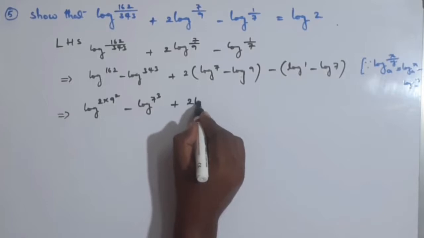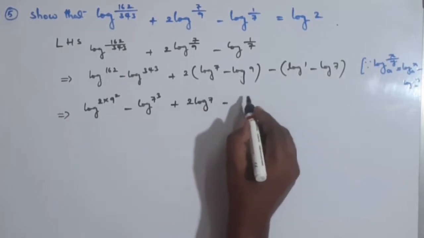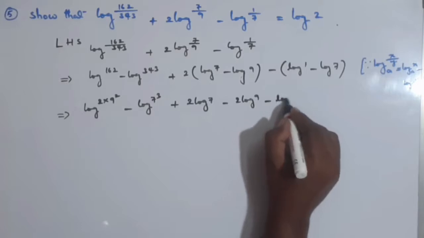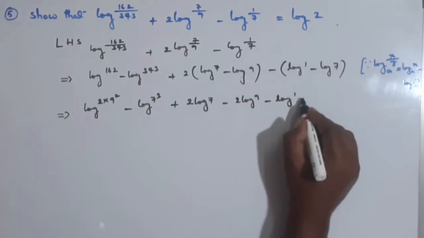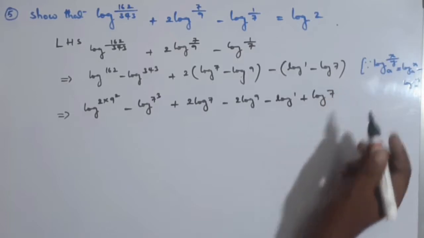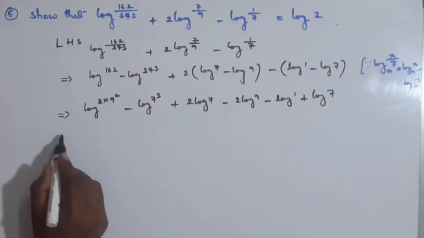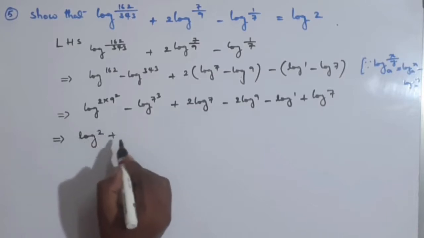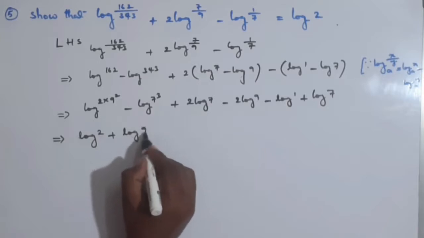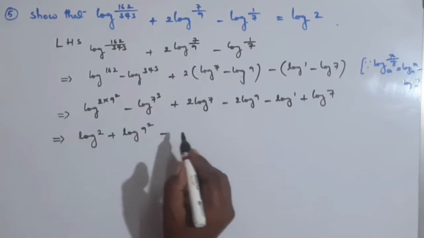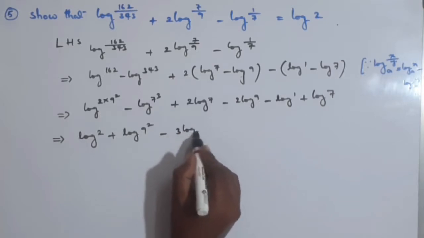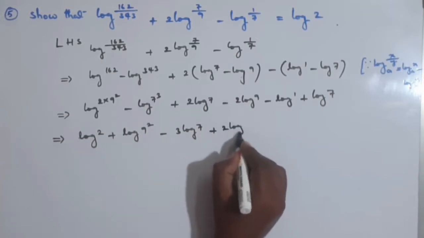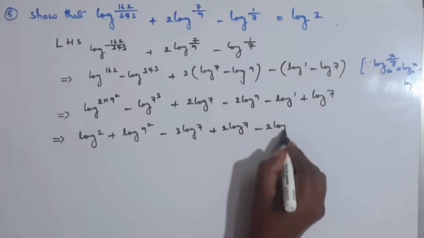So we get log 2 plus log of 9 square minus 3 of log base 10 to 7, plus 2 log 7 minus 2 log 9, minus log 1, plus log 7.